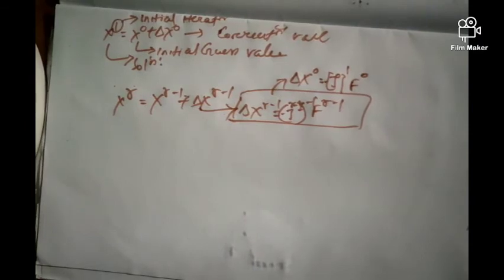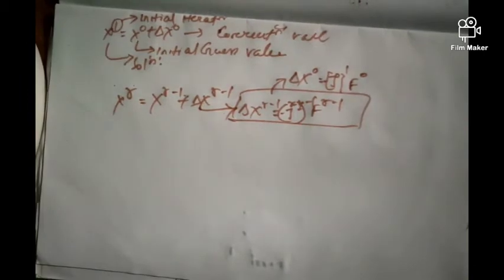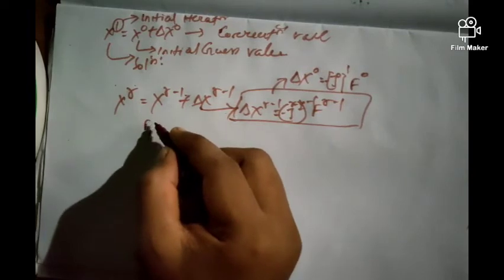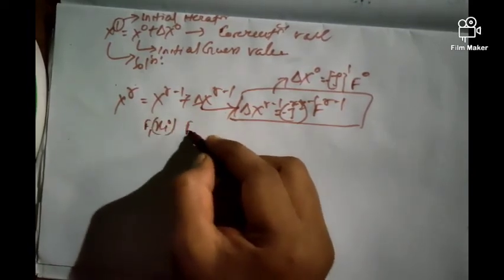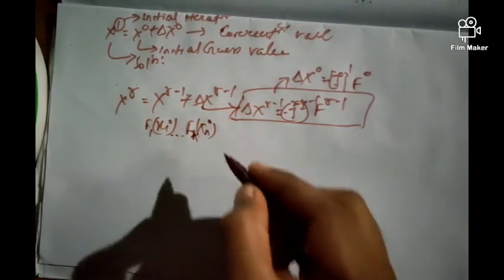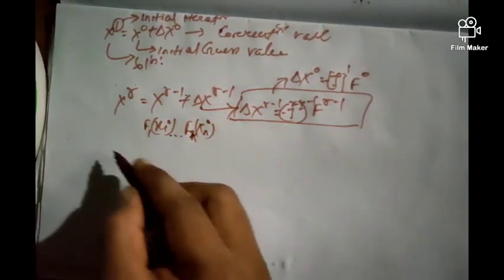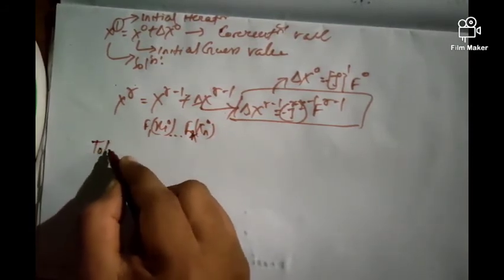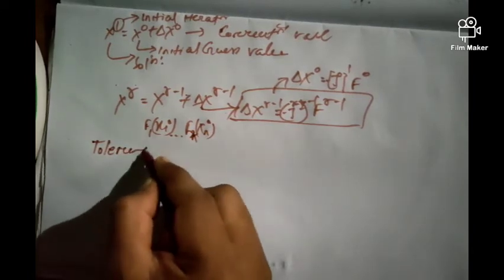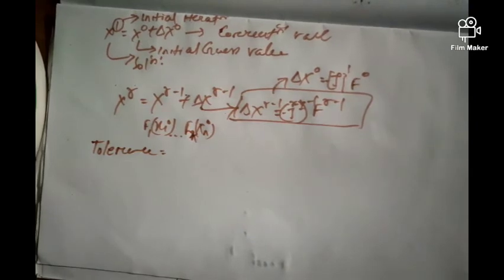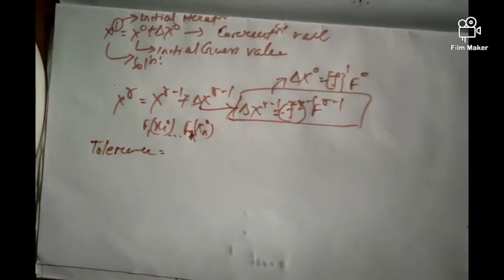How do we decide whether we have reached the solution or not? For that we evaluate the functions f1(x^r), f2(x^r) up to fn(x^r). Here a term called tolerance is formed, and the tolerance will decide whether our calculation stops or proceeds to the next step.